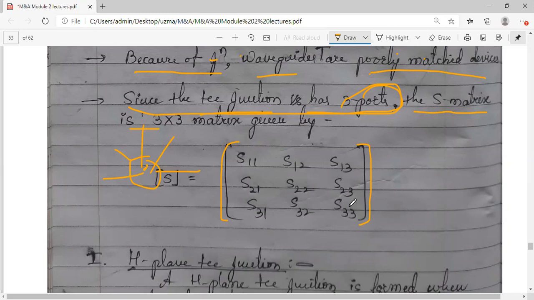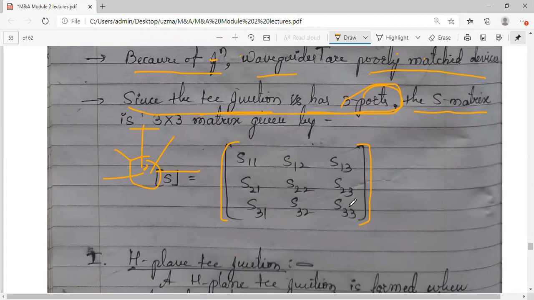When we are done with the S matrix, we will draw the figure, list the properties, and derive the S matrix for both waveguide T's. Finally, from that S matrix, we can conclude that these waveguide T junctions act as power splitters or combiners.